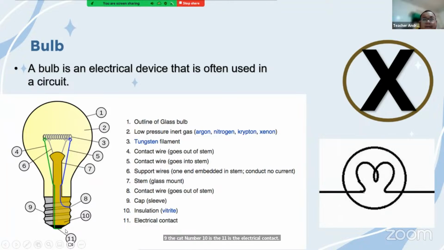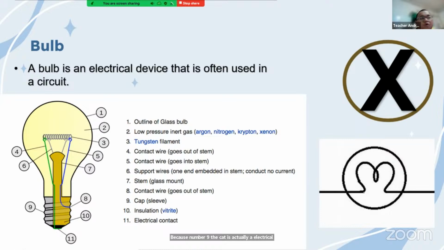Students always mix up, saying, teacher, I must make sure that the wires are connected to point number 11 and point number 8 in order for the current to flow, right? If I connect any other place, the current won't flow, right? The answer is actually not true, because number 9, the cap, is actually an electrical conductor.